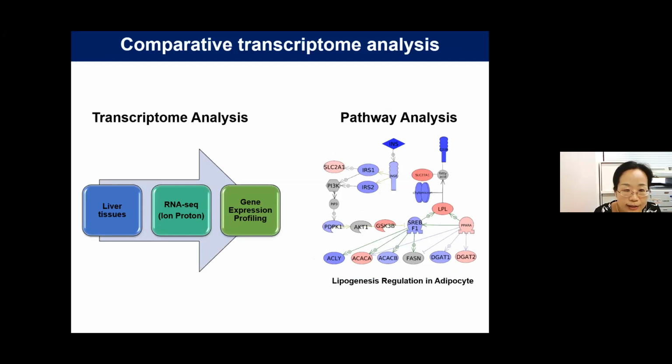To investigate the underlying molecular mechanisms of GTE, we conducted transcriptome analysis of liver tissues from the adult zebrafish treated with or without GTE, and then performed the pathway analysis.